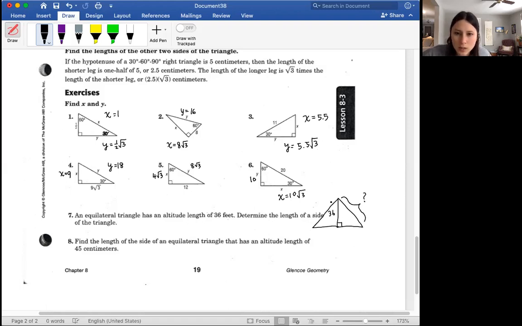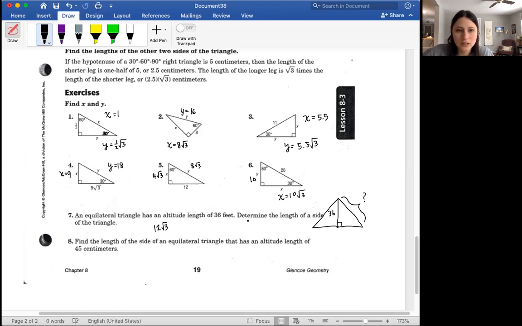So in other words, we're not given the hypotenuse. We're given the altitude, we're given the height, and so we're going to use that to solve. And so we know the relationship of the altitude and the short side is that divided by 3 times square root of 3. So 36 divided by 3 is 12 times square root of 3.